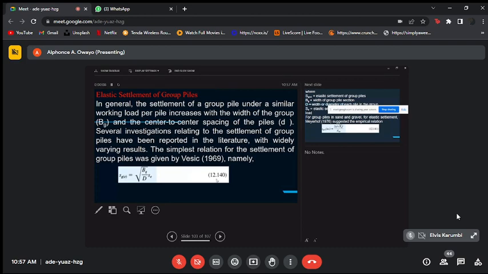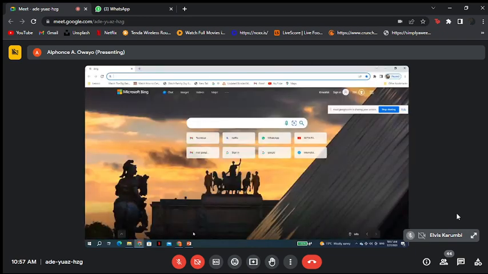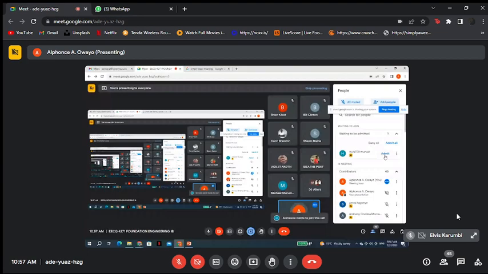So again, we already talked about capacity. If you think about this from the perspective of piles, we talked about the capacity in sand, capacity in clay, and the settlement in piles. So again, we are going to do the same thing with the group.